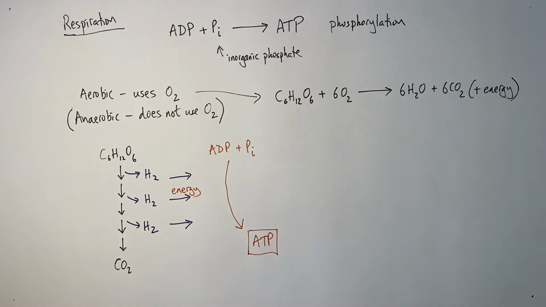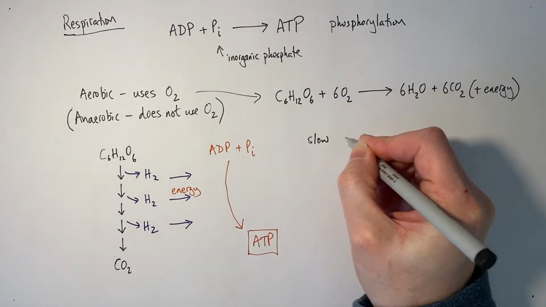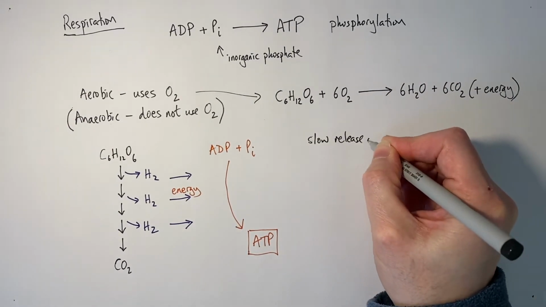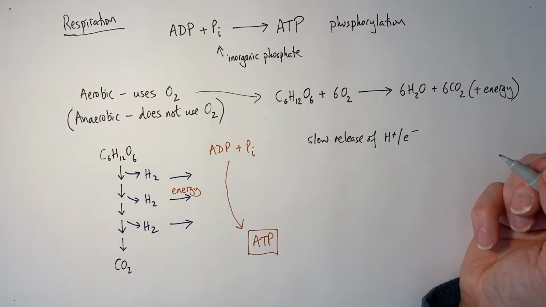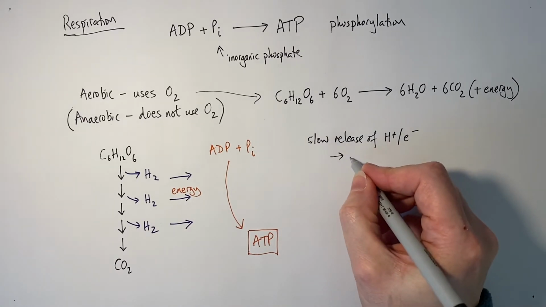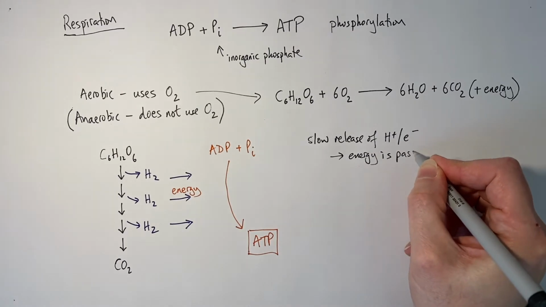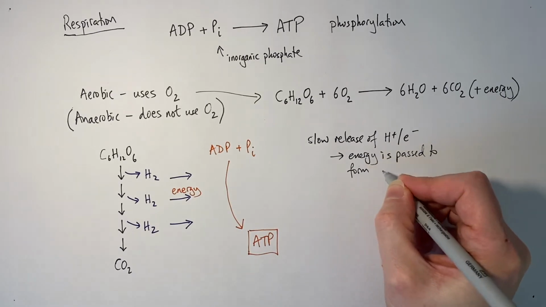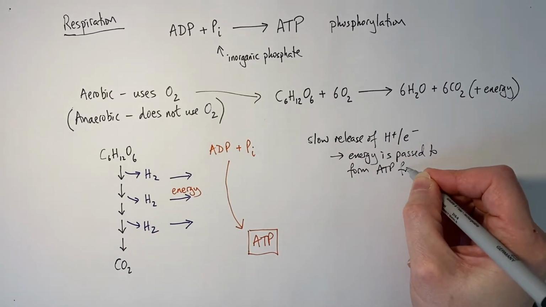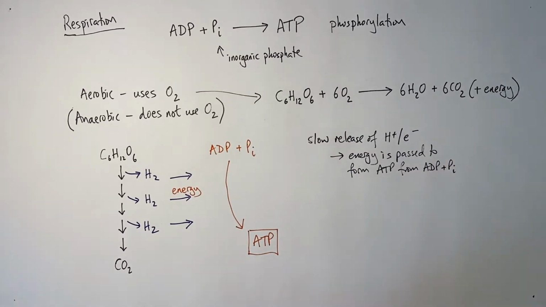So the important thing about respiration is it is the slow release of hydrogen ions and electrons. The energy is passed to form ATP from ADP and inorganic phosphate.